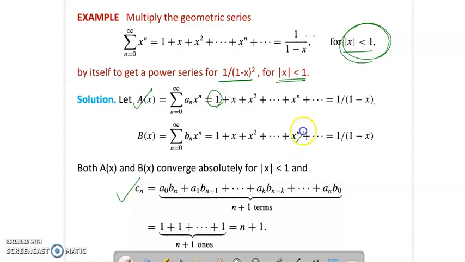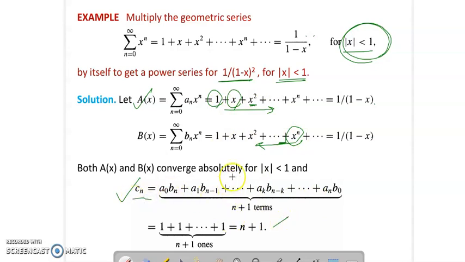It is 1 multiplied by x to the power n will give you x to the power n, then x multiplied by x to the power n minus 1 will give you x to the power n, then x square multiplied by, so go forward here and go backward here, so these n plus 1 terms will give you the coefficient of x to the power n, and since each ai and bi is equal to 1, you have 1 plus 1 plus 1, n plus 1 times, so Cn is n plus 1.